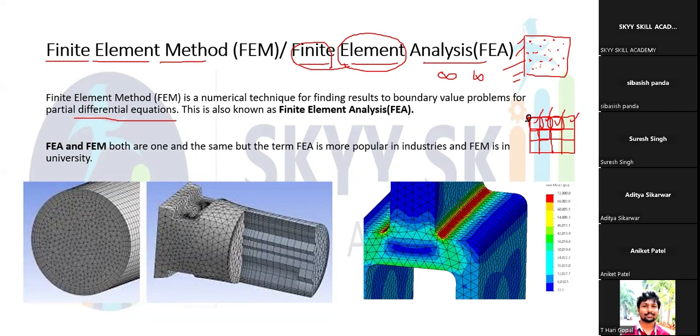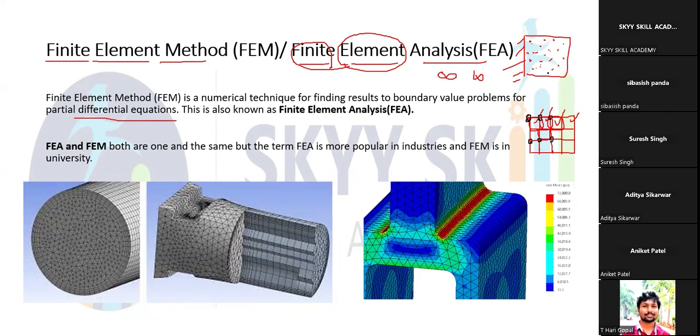This one is a node, this one is a node, this one is a node, this one is a node. So these nodes are nothing but your points.